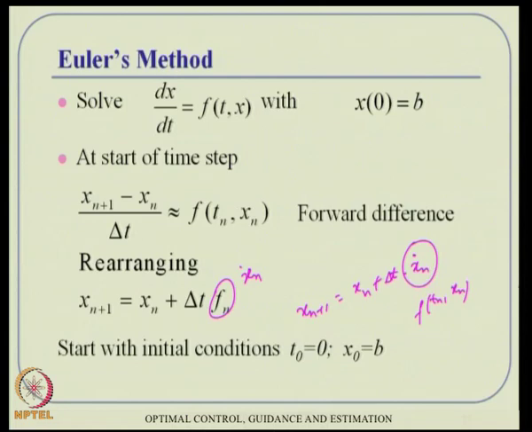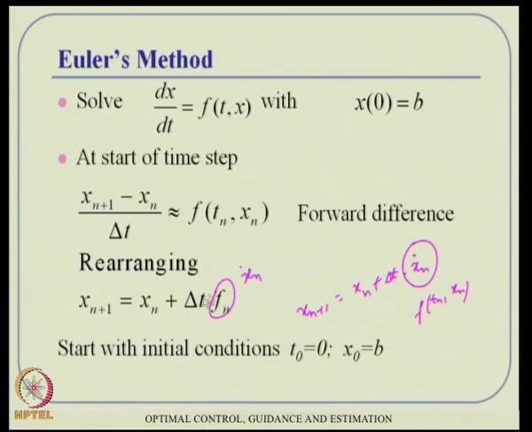If I know the Tn, xn value, I can calculate this f because f is known to me, and then plug it into this formula to get xn plus 1. So, this is very easy. The Euler method is extremely easy compared to all of the methods, and we use it in systems theory many times, but with the conscious knowledge that Euler integration is not very accurate.